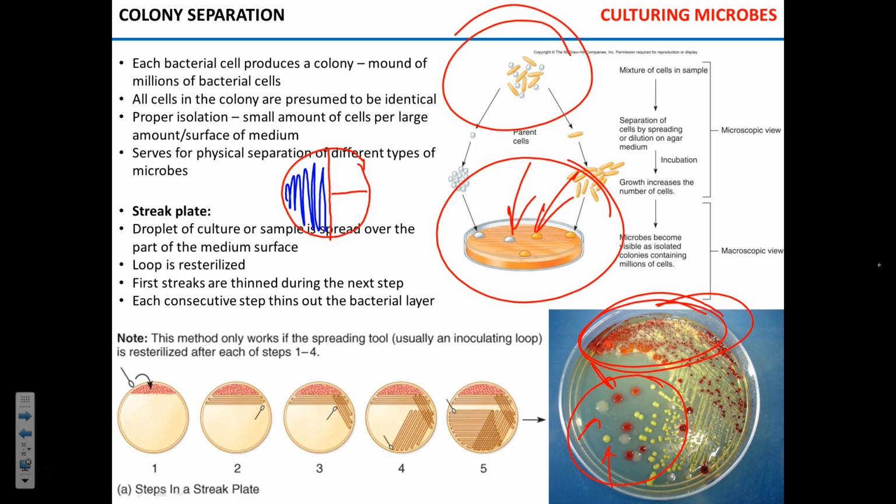Then you sterilize your loop, okay? And you do this. You pick a little bit from here, and with this, inoculate this part. Does that make sense? So you just picked one little bit and moved it to another quarter of the plate.